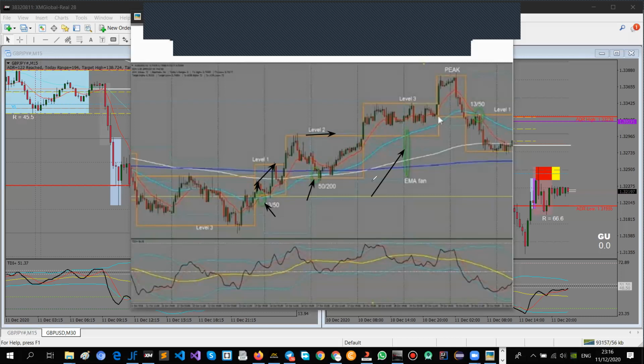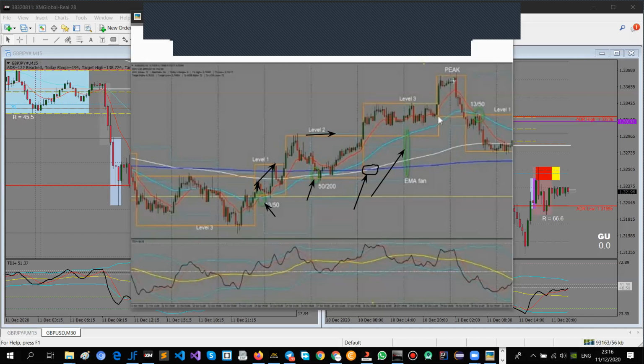I hope you are seeing it too. This right here is the 200 and 800 crossover, and this occurs at level 3. This is also a confirmation that this is level 3. So there's fanning out of EMAs and this crossover, showing us that we're in level 3.